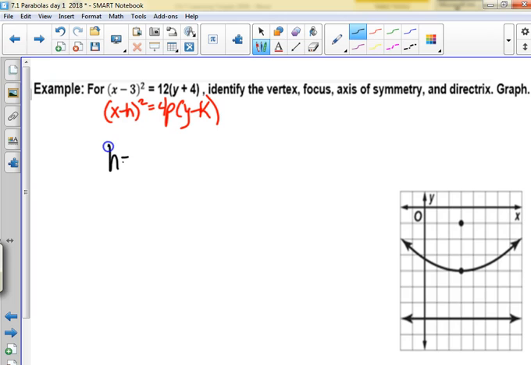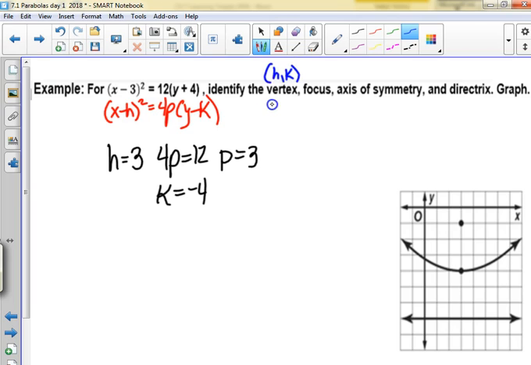H is 3. 4p is equal to 12. So p is 3 if I divide by 4. And right here, be careful, what's k? K equals -4.